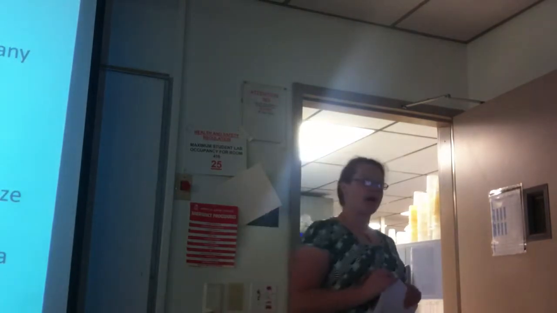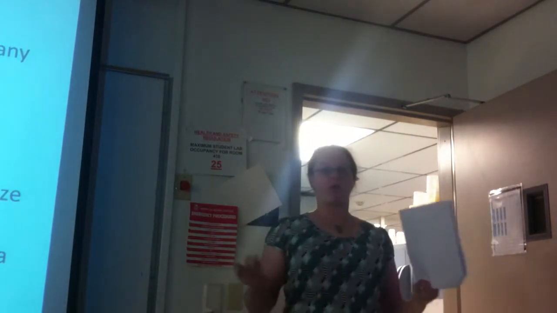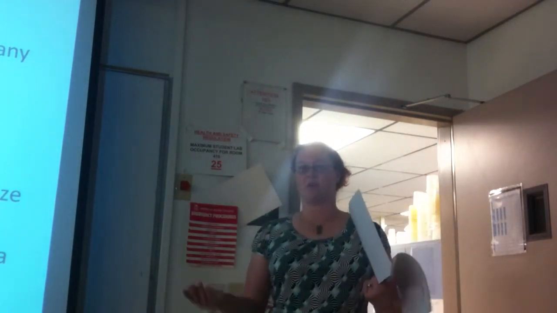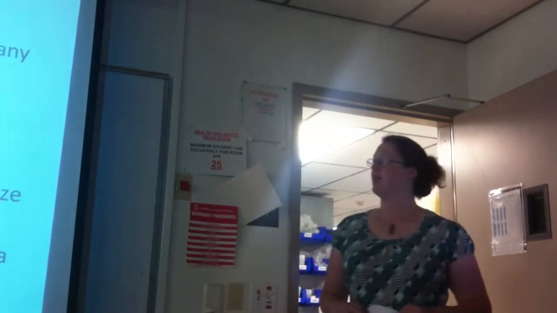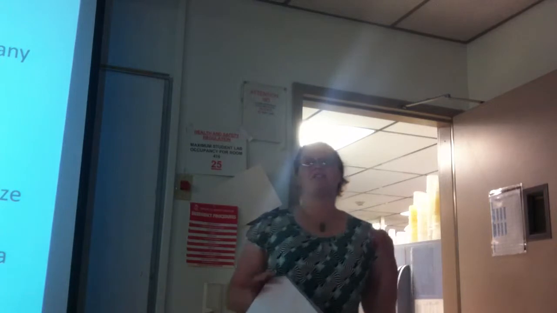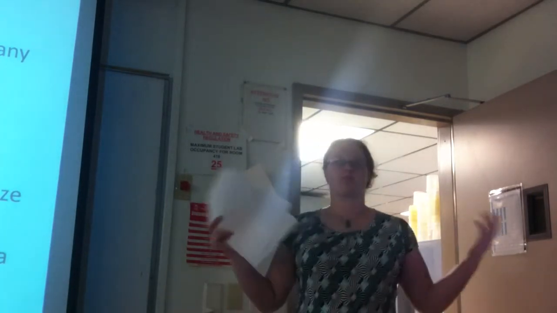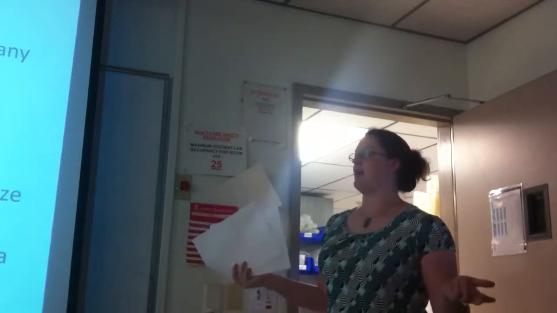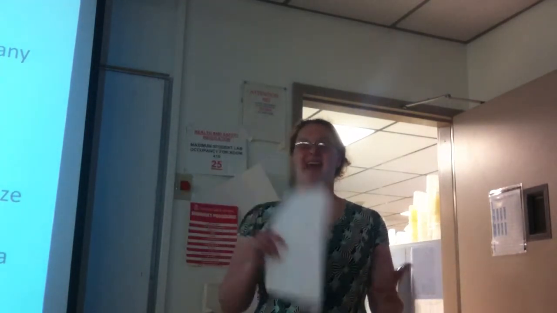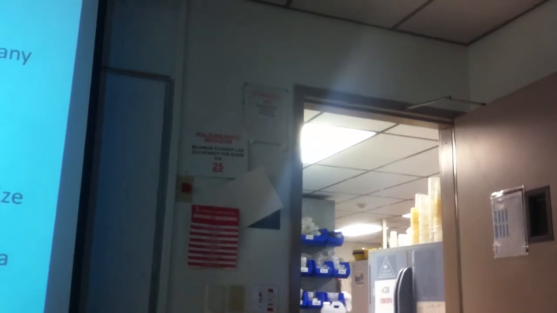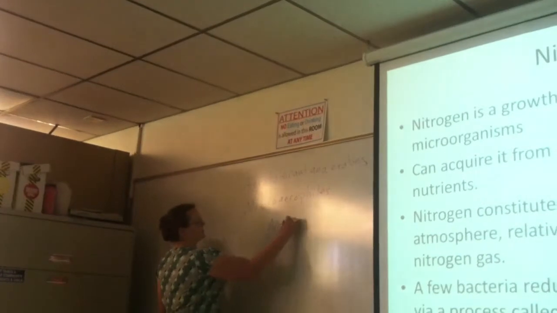It can be acquired through organic or inorganic nutrients. So organic just means what? With carbon. With carbon, okay. One of the things that's kind of interesting is that nitrogen is 79% of our atmosphere. But the problem is that it's N2. Remember, we talked about this, you have nitrogen triple bonded to nitrogen.